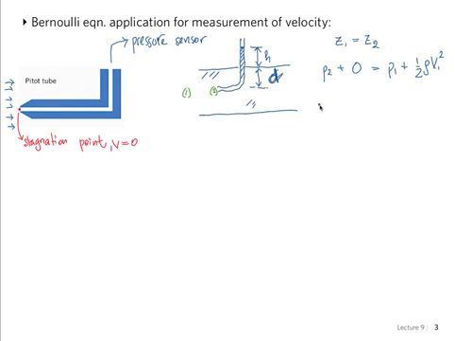And so we can use this to determine the velocity inside the pipe. If I don't know the velocity inside the pipe, but I do know the pressure, then I can solve for V. So V1 squared is equal to 2 over rho times (P2 minus P1).